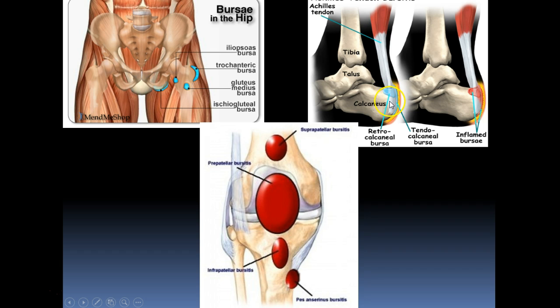We'll talk about that more when we get to the foot. And then in the knee, at least 4. Why? It's so superficial, right? And there's lots of movement occurring, lots of friction that could occur with the quadriceps tendon, the patellar tendon, the semitendinosus or pes anserine muscle group. And then last but not least, the biggest bursa, the prepatellar bursa, to protect the patella itself. So lots of bursae in the lower extremity, and we will dissect each of these when we get to that specific joint.